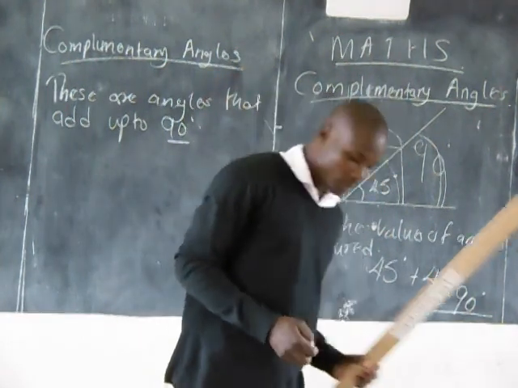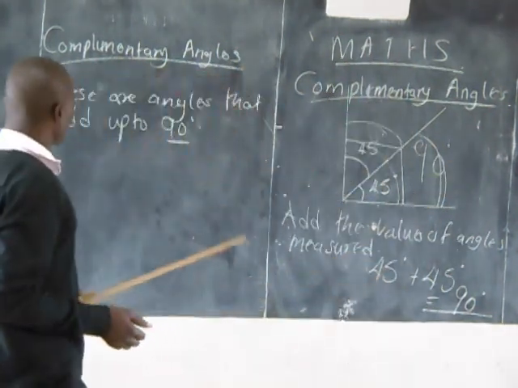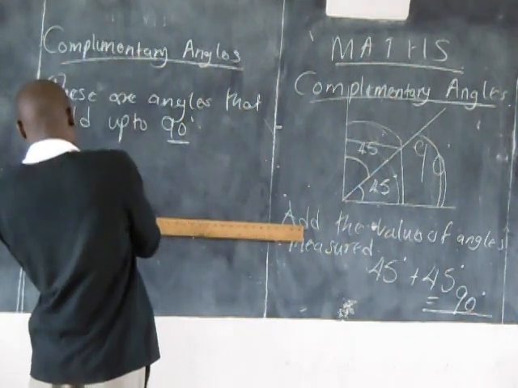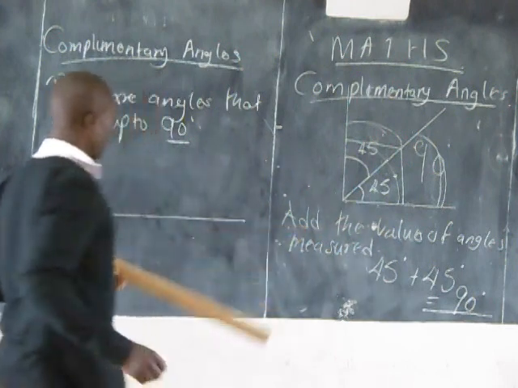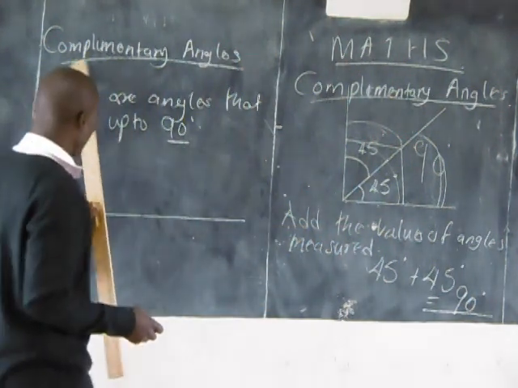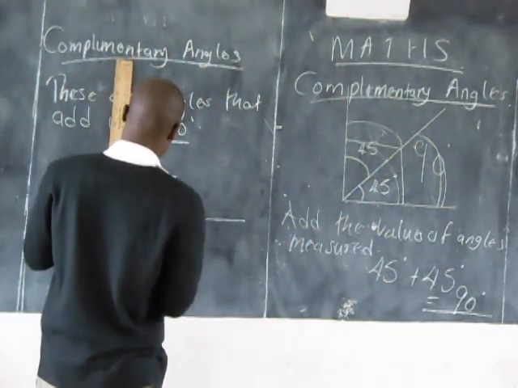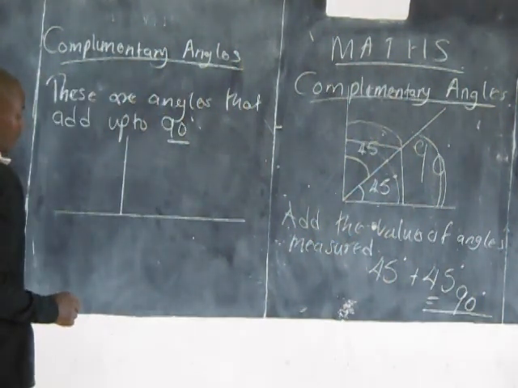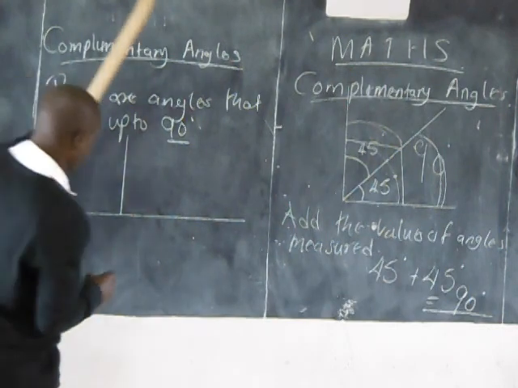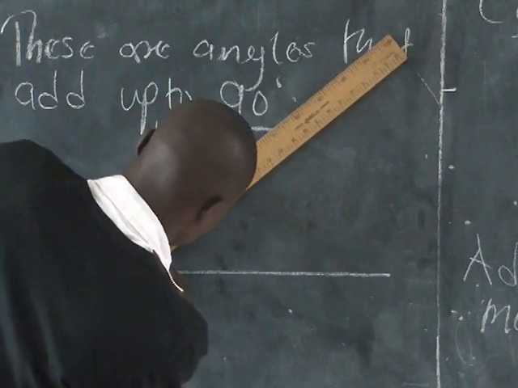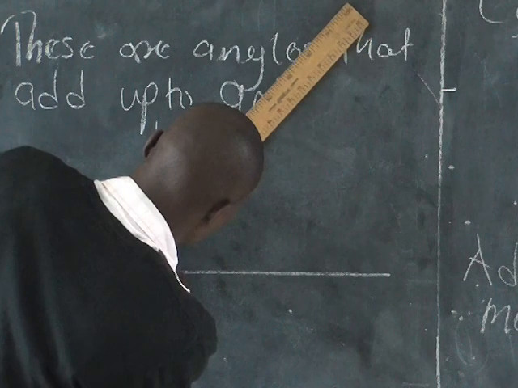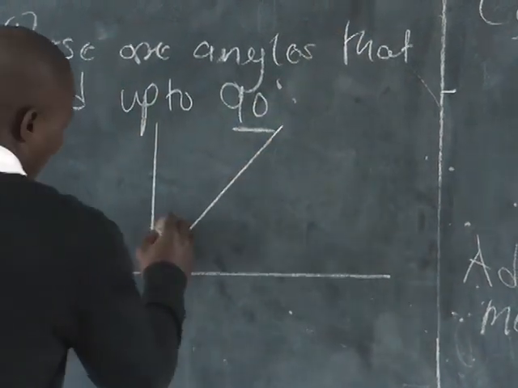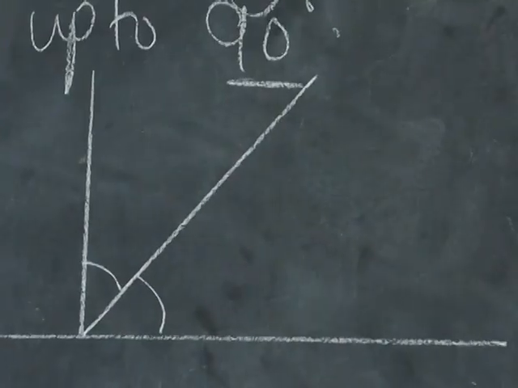So, now, if I draw this line here, then I have this one, then I add this angle here, then I ask you to measure.